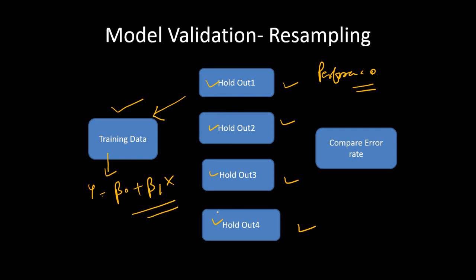That means irrespective of the sample that you are using, you are getting good performance, right? So compare the error rates, or whatever performance metric you are using, across these holdout samples and see whether they are consistent or similar.